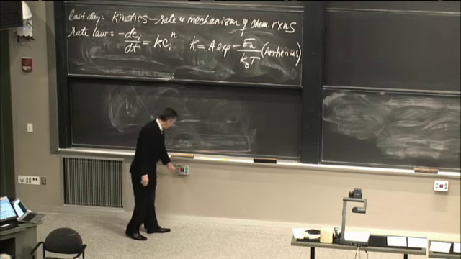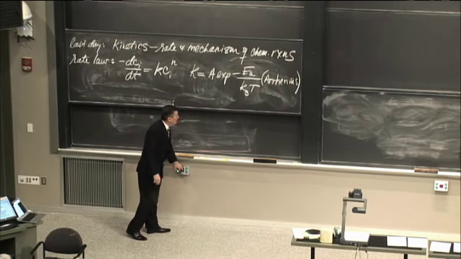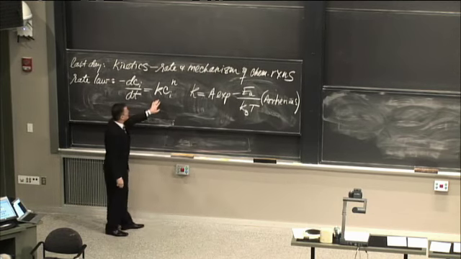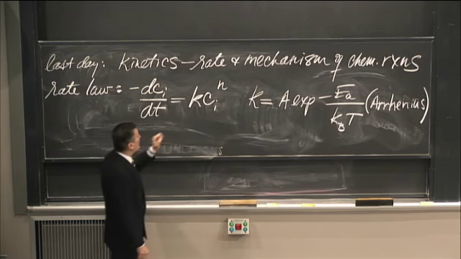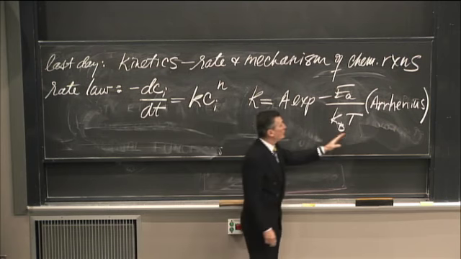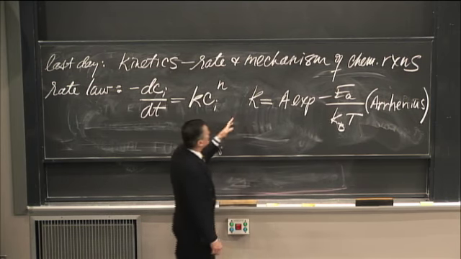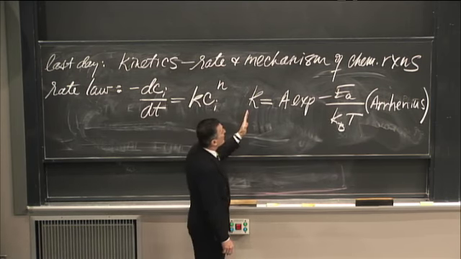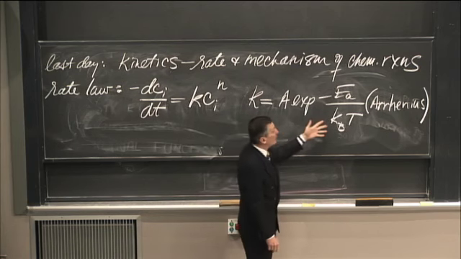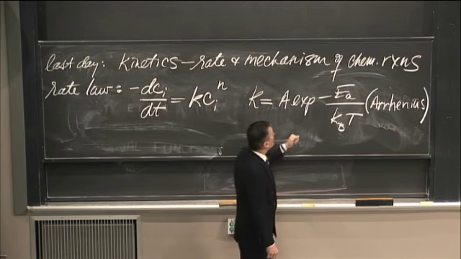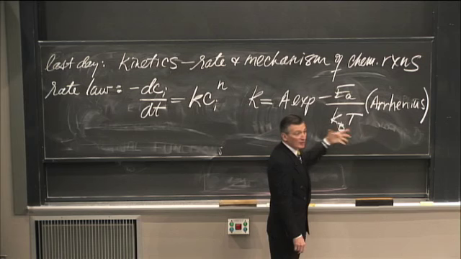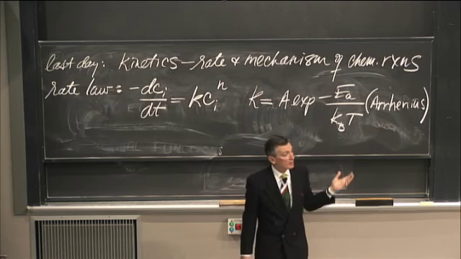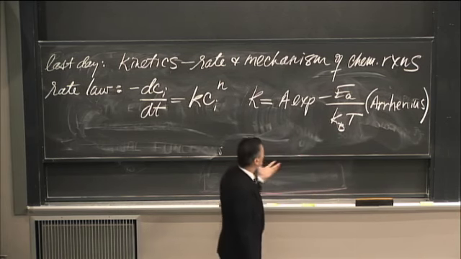So we saw that we can make the rate of reaction increase by increasing the concentration in the reactor. We saw there was a second way to increase the rate of reaction, and that was to raise the temperature. And this is the Arrhenius relationship that shows that the rate constant changes with temperature according to this exponential relationship, where in the denominator we have the product of the Boltzmann constant and the absolute temperature, which is a measure of the ambient thermal energy that's available to promote reaction.